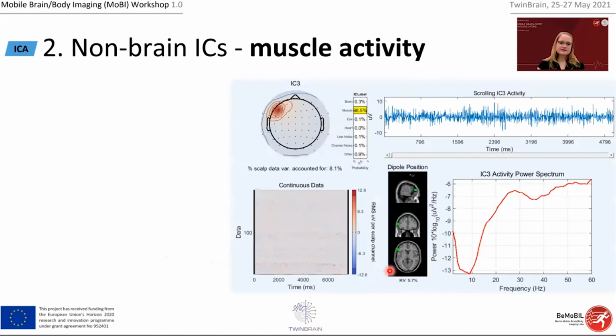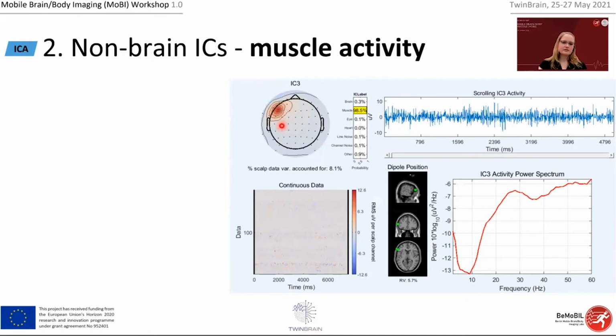What is very common for muscle activity is that the scalp map is very narrow. The locations are superficial, so they're smaller than the brain component that you have seen before, where I explained the properties.